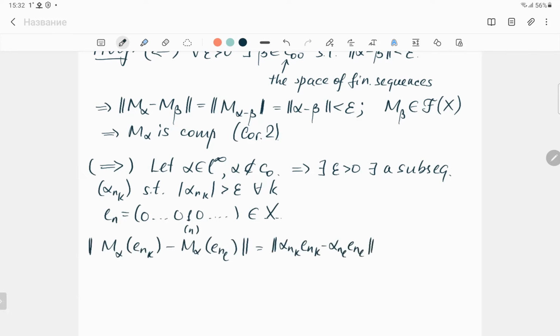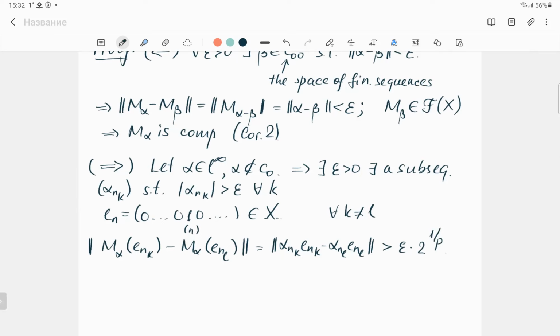And since k and l are different, we assume that k is not equal to l, this can be estimated as follows. This is bigger than epsilon multiplied by the norm of e_n_k minus e_n_l, that is 2 to the power 1 over p. And this is a constant.